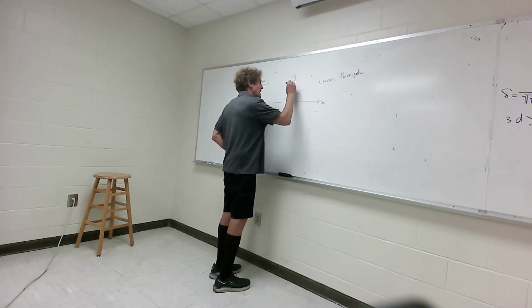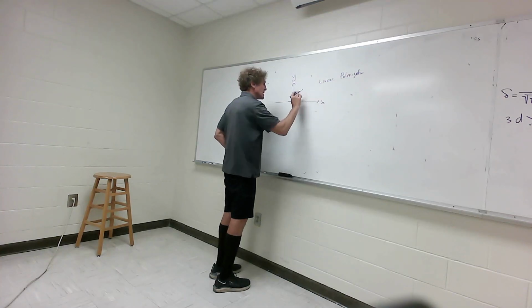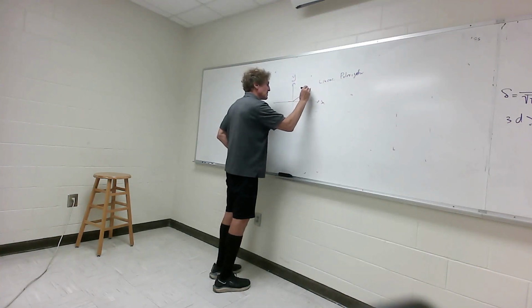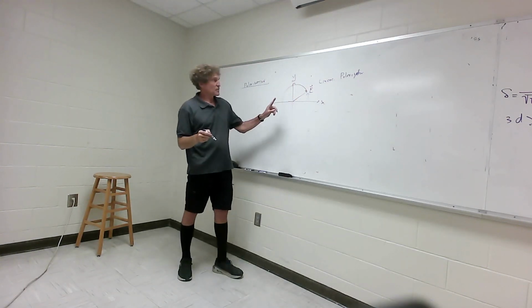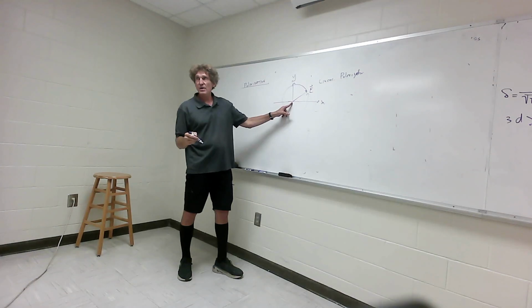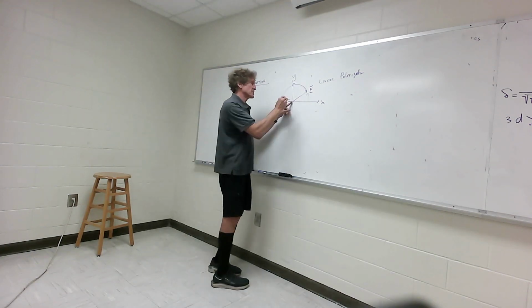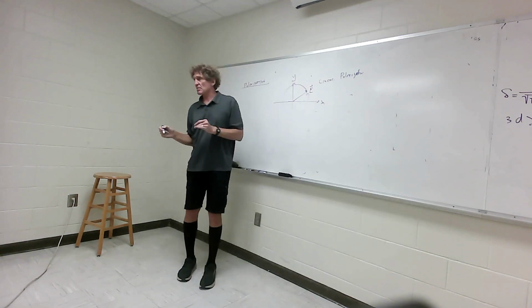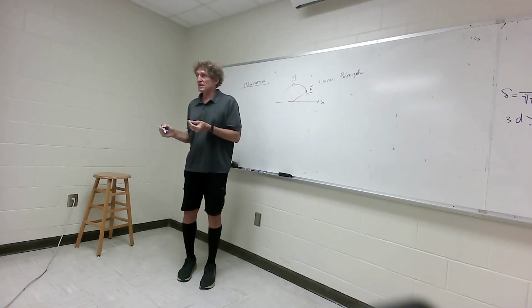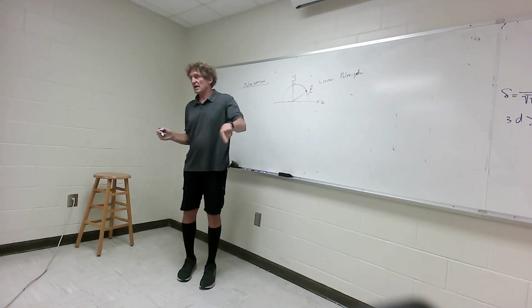If this is the y-axis and this is the x, and you have an electric field that's just rotating like this, if you're at one given position and you allow time to progress, with just the same magnitude but it rotates, that's called circular polarization. It makes sense. The tip of that field is just cutting out a circle.